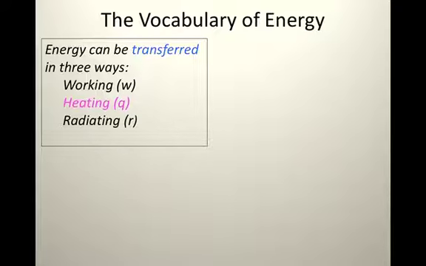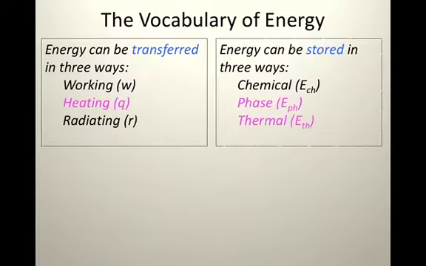We're just worried about heating, transferring energy in the form of heat, and also how energy is stored: chemical, phase, and thermal. And odd as it sounds, in chemistry class right now, we're not worried about chemical energy storage. We're worried about how it's stored as its phase, solid, liquid, or gas, and how it's stored thermally. That's the motion of the particles.